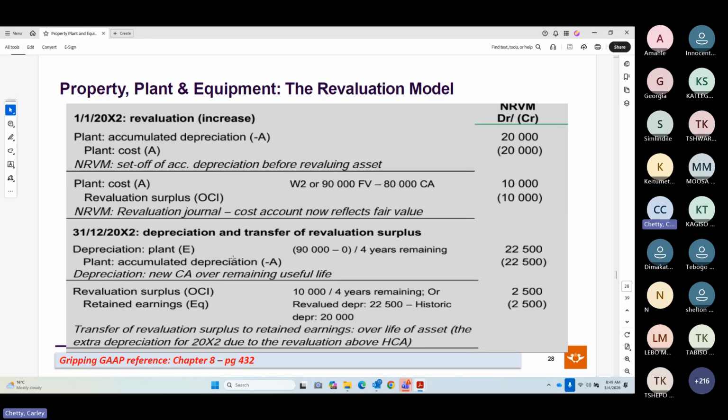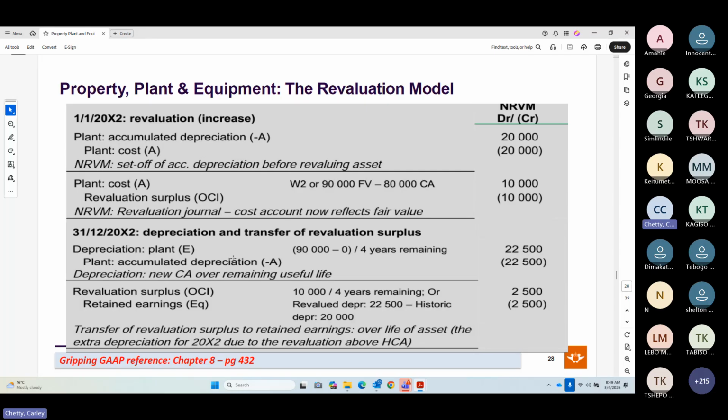Then remember, the revaluation happens on 1 Jan 20X2. On the same date, just before the revaluation, because we are using the net replacement value method, we need to set off the accumulated depreciation against the cost of the plant before revaluing the asset.